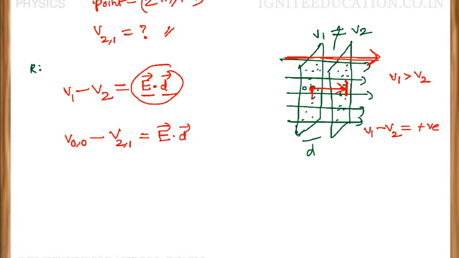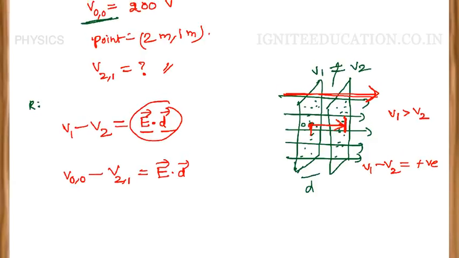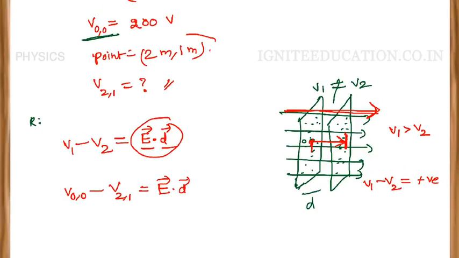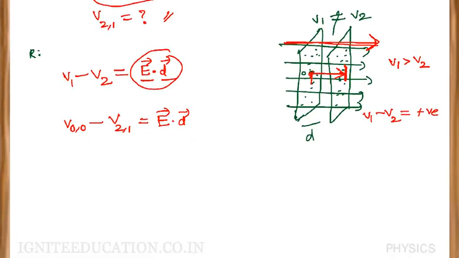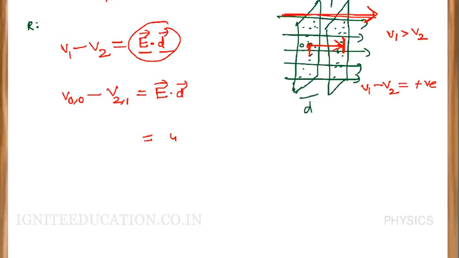What is D then? D is the position vector from the origin to the given point. So D vector can be written as 2 i cap, because 2 meters in x direction, plus 1 meter in y direction, j cap. So 2i plus j. That is equal to 40 i cap plus 30 j cap dotted with 2 i cap plus j cap.